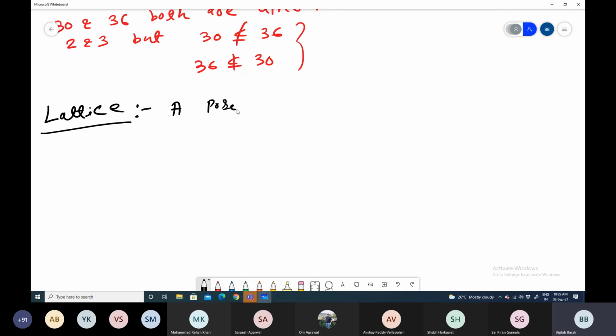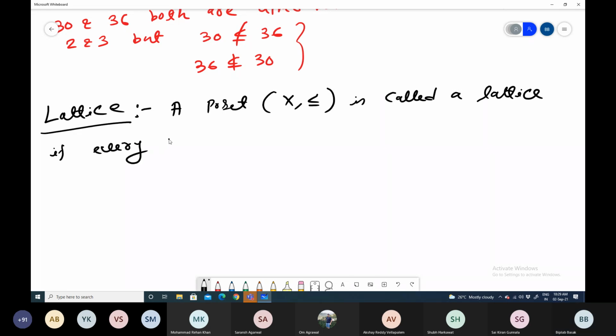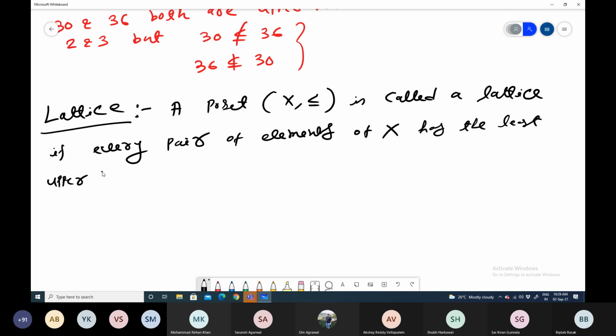A poset X with this less than or equal to is called a lattice if every pair of elements of X has the least upper bound and the greatest lower bound.